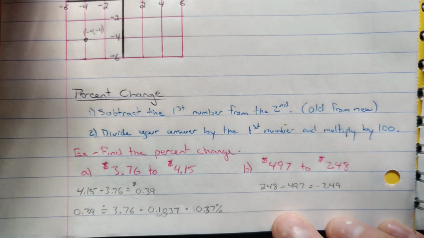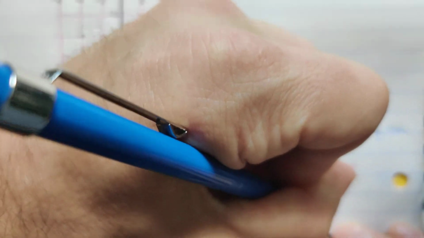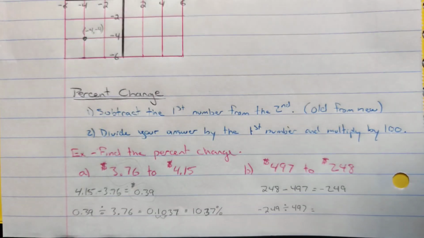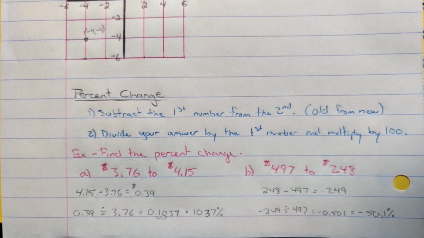But again, to formalize that, we get negative 249 divided by 497. And that is going to give us negative 0.501, or negative 50.1%. And so the negative sign stays there and notes that we've actually decreased in percentage.